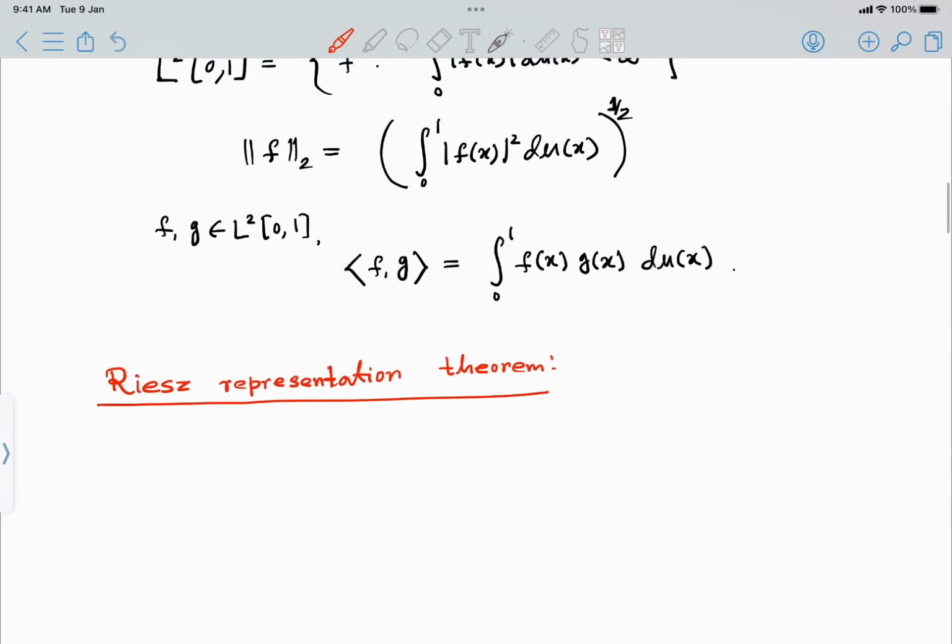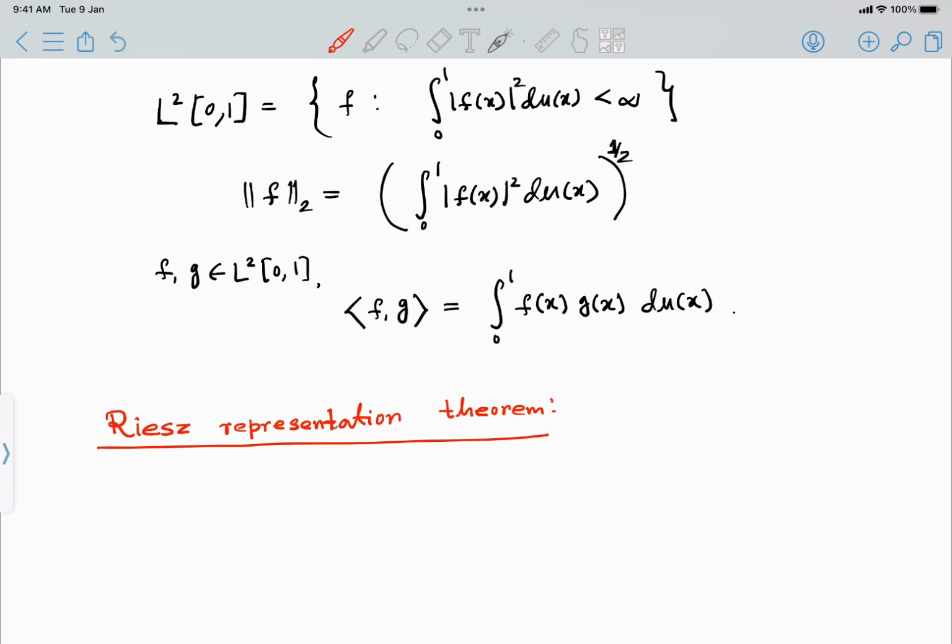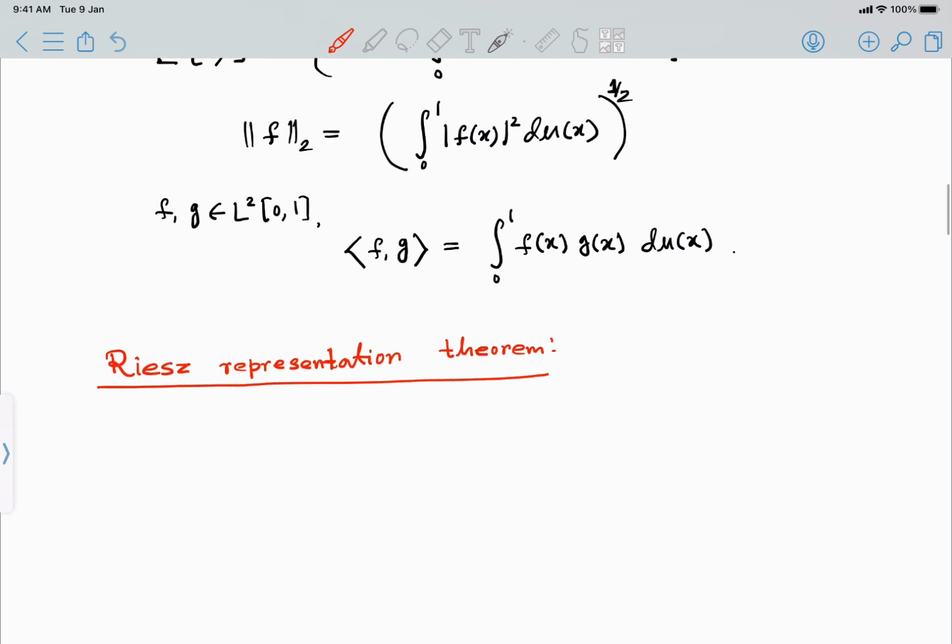I am writing the Riesz representation theorem for this Hilbert space only, L2[0,1].